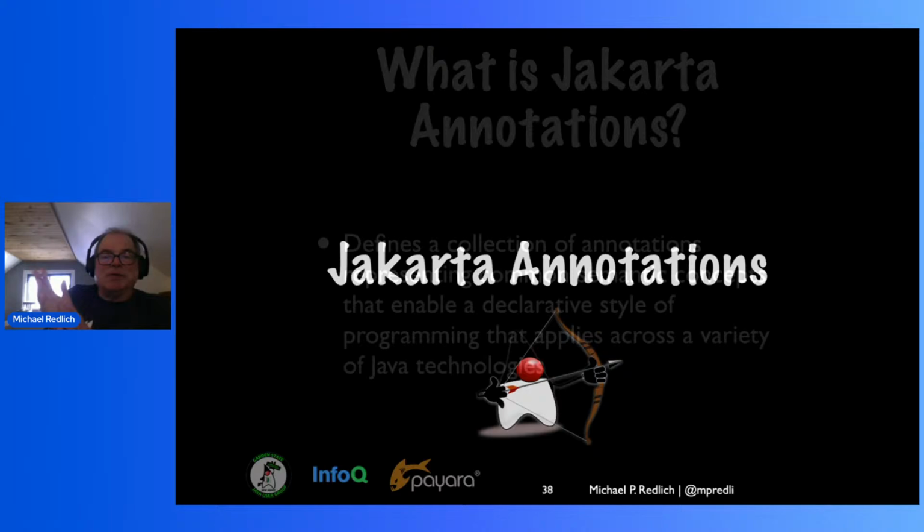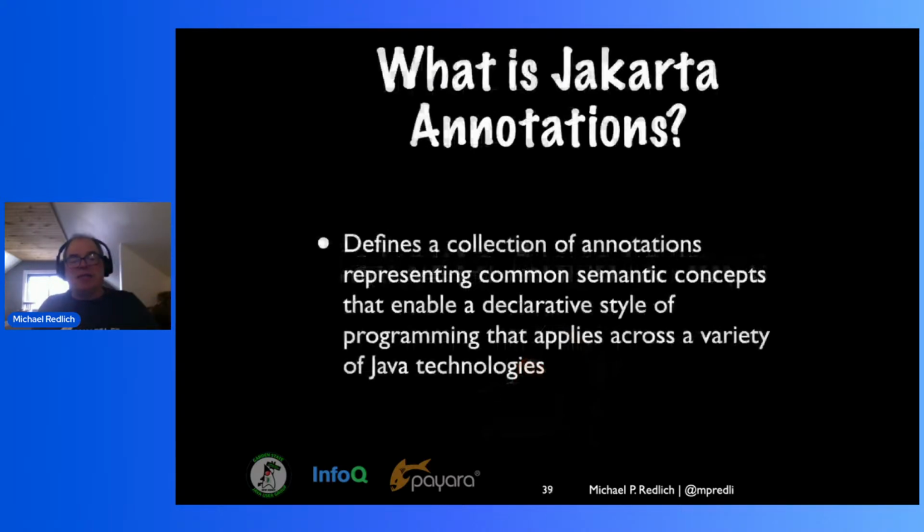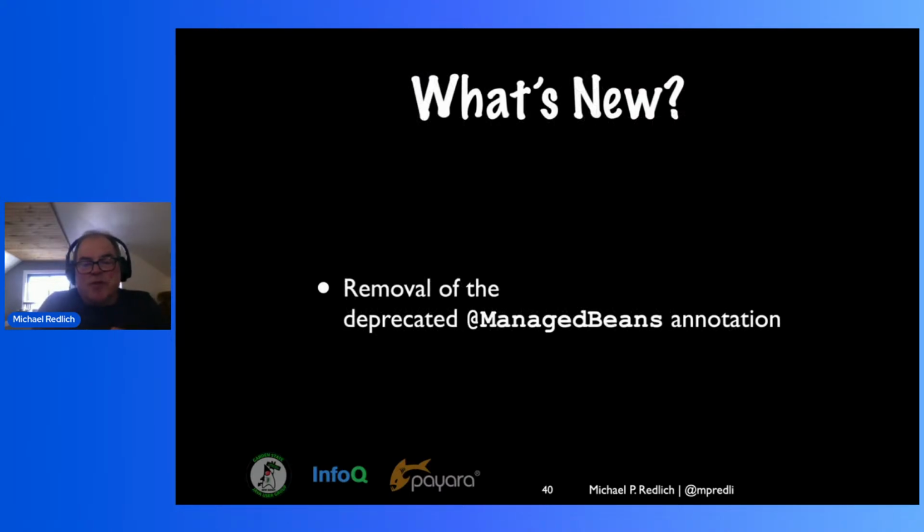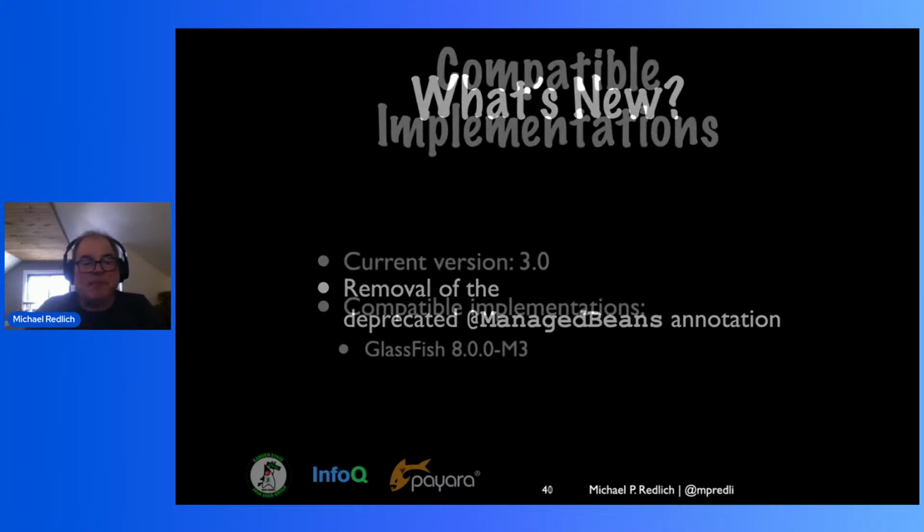So Jakarta Annotations is basically just a collection of the annotations that you will use in all your Jakarta EE applications, right? RolesAllowed is one of them, for example, and those that you would use in security. What's new is that the ManagedBean annotation was removed, because it has been deprecated.